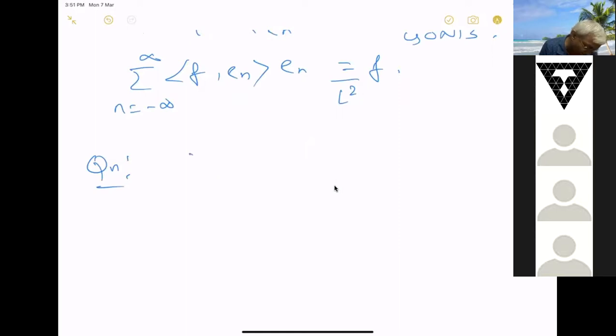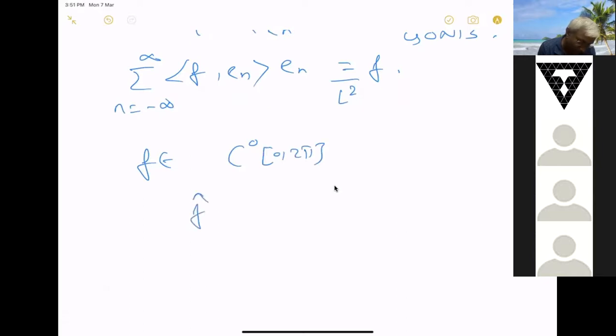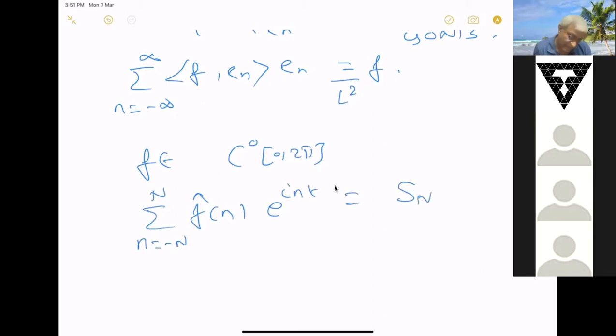let me define the partial sum. If you have f in C0, 0 to pi, then I have the sum of f hat n e^{int}, summation n equal to minus N to N. You call this S_N f at t. This is the notation, the partial sum.